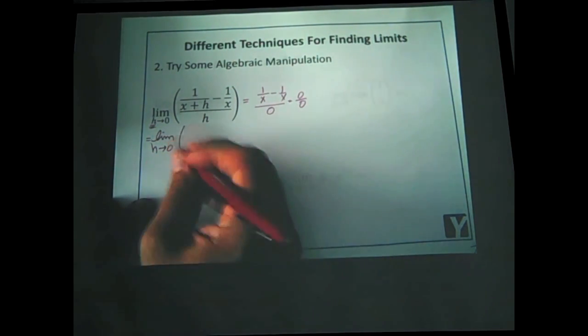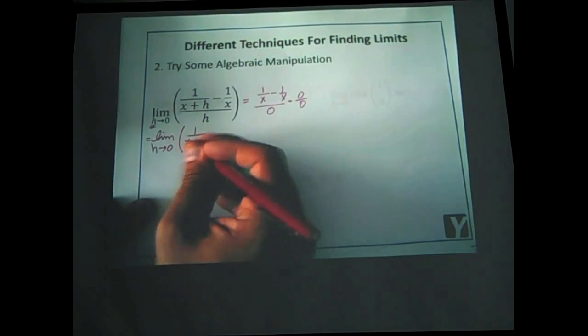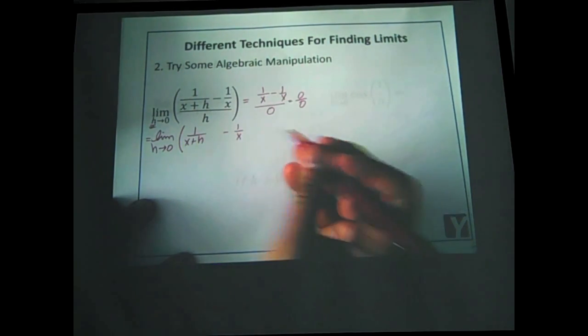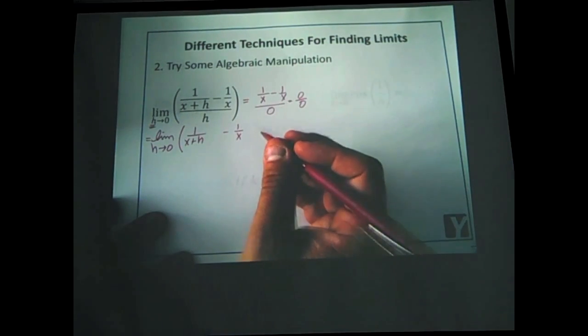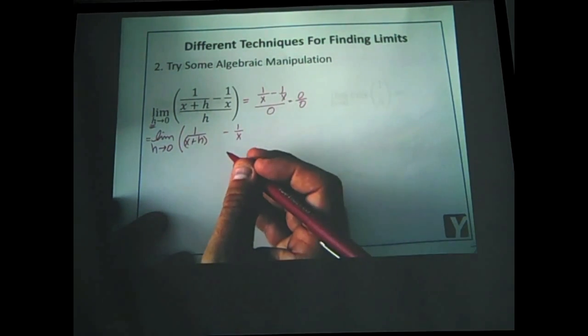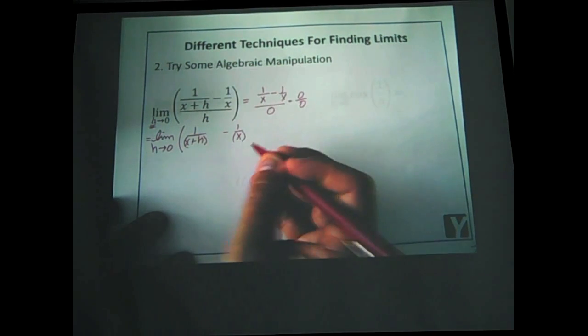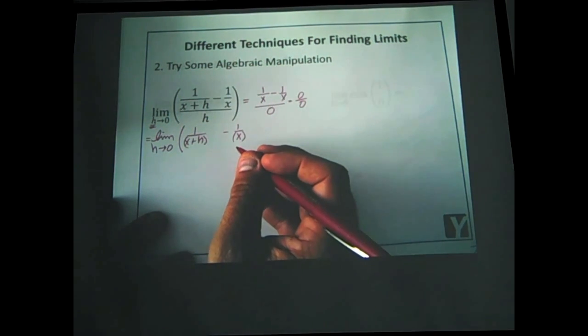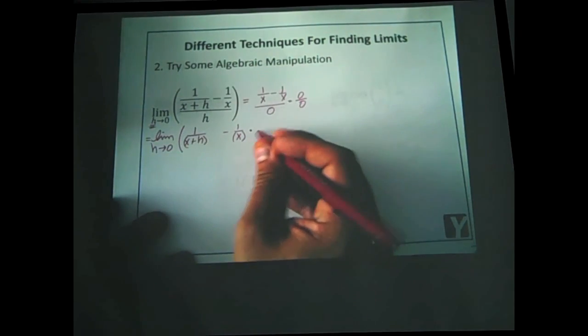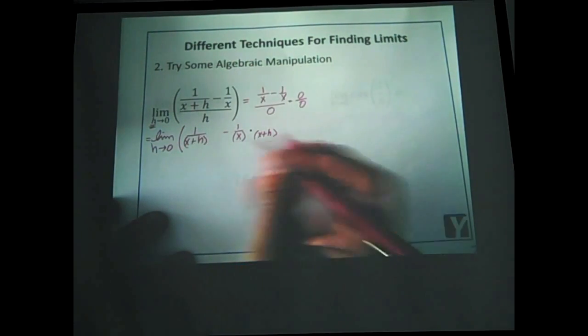We're going to focus just on the numerator, 1 over x plus h minus 1 over x. For me to build a common denominator, I need the x plus h in there as a factor. I need the x in there as a factor. So the common denominator is going to be x times x plus h.